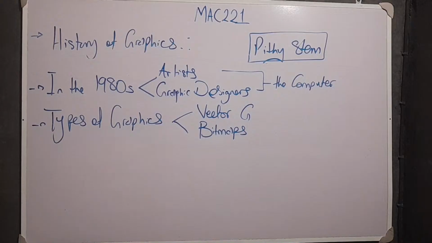These are the two major types of graphics. You want to pay attention to that, please. Vector graphics and bitmaps. Now, let's take it one step at a time.